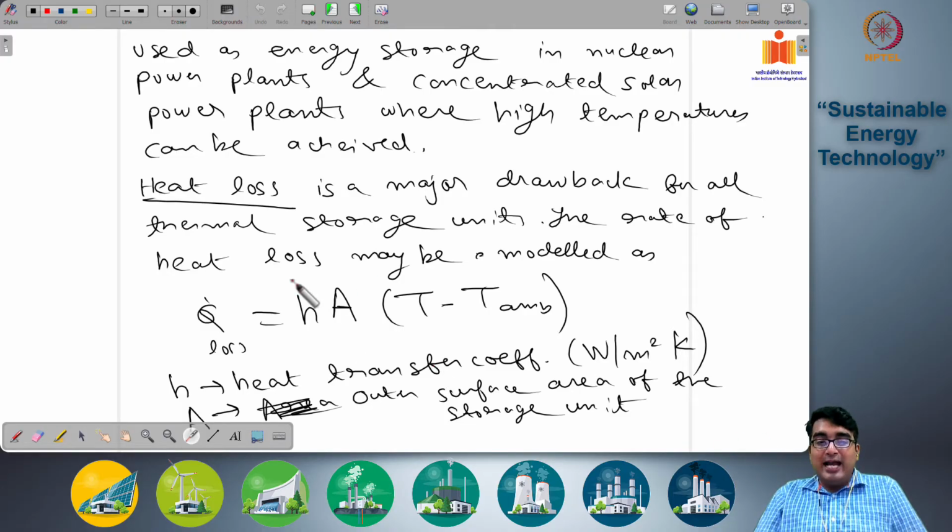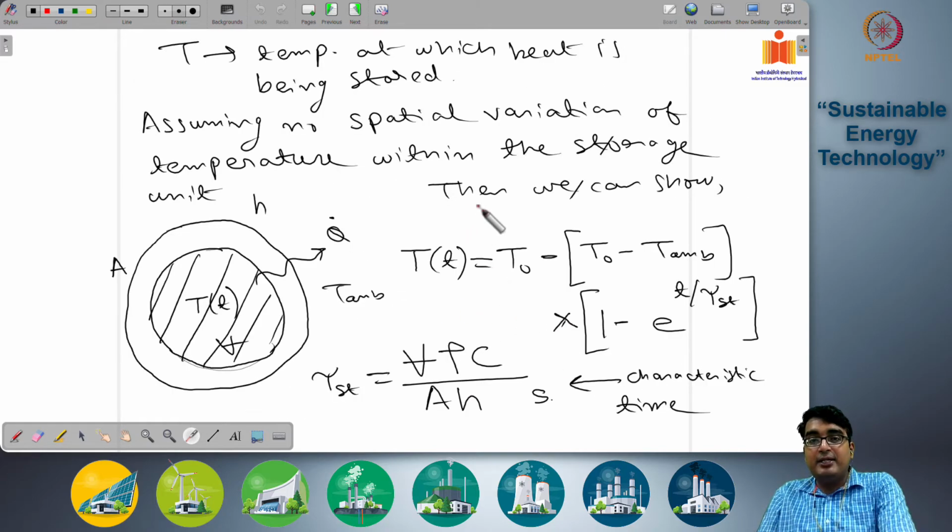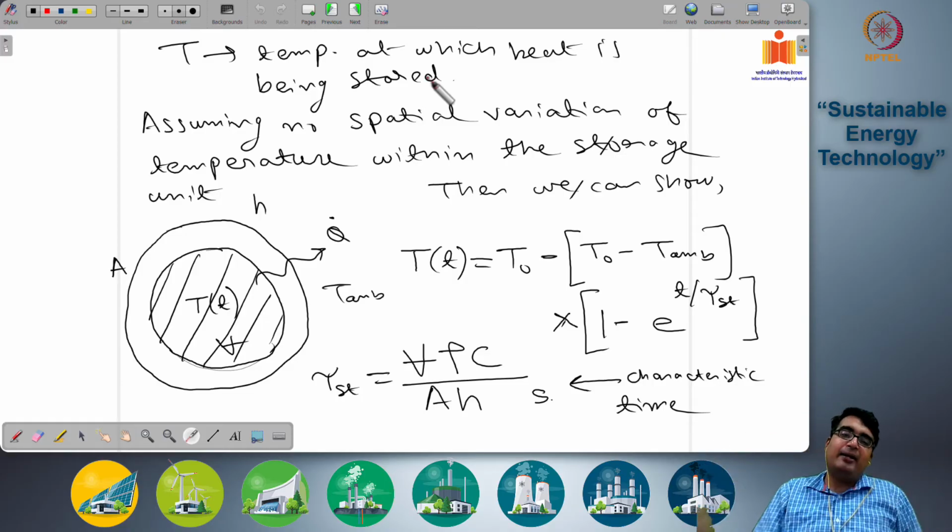So that is H, the heat transfer coefficient. A is the outer surface area of the storage unit, and T minus T ambient is the total temperature gradient between the stored medium and the atmosphere.